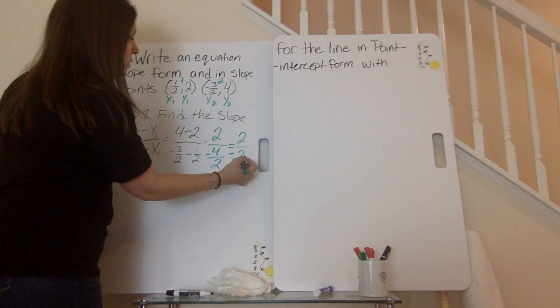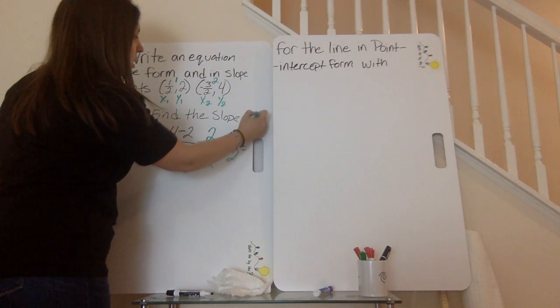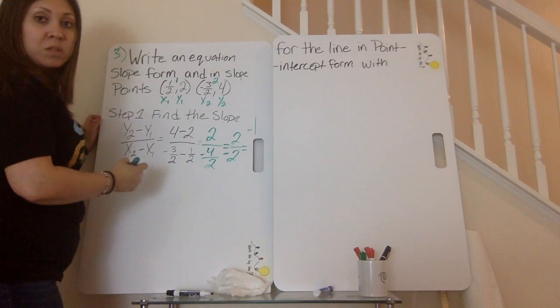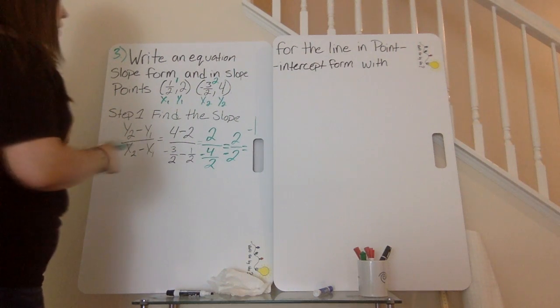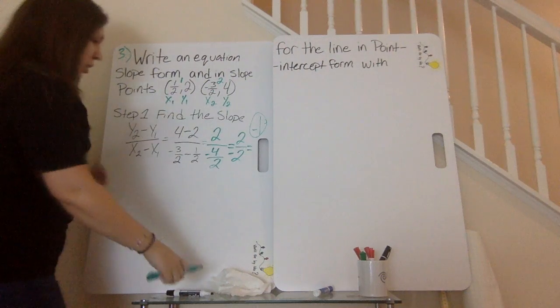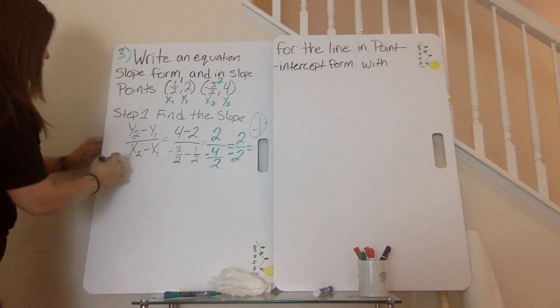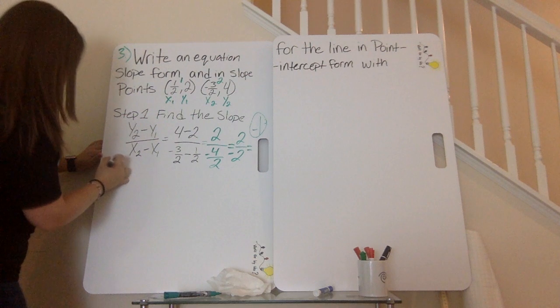It's going to give me a negative, which means I will have -1 as my slope. So now we know that our slope is -1. So we're going to plug that into our step 2, which is our point slope form. You can still see me? Yes, you can. All right.